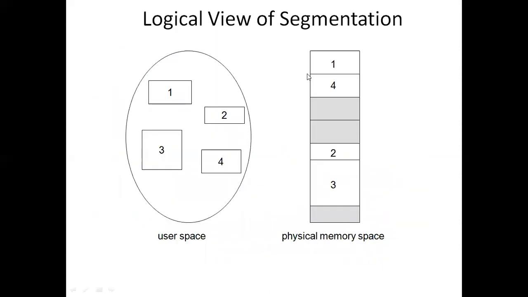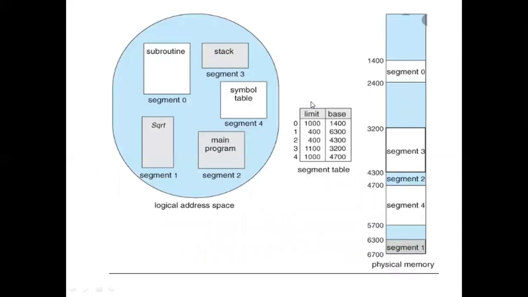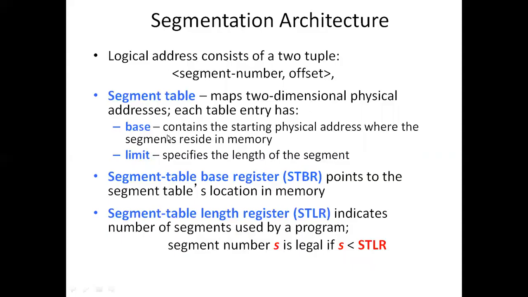If I say segment 4, where does it start? That is the base value. There are 2 registers, the segment table base register and the segment table length register. The length is put here and the base value is put here.